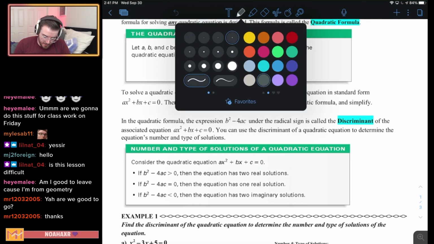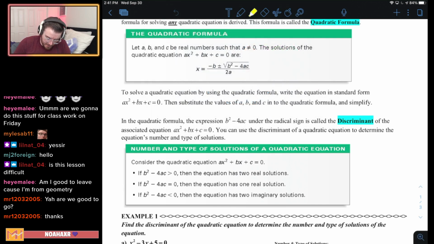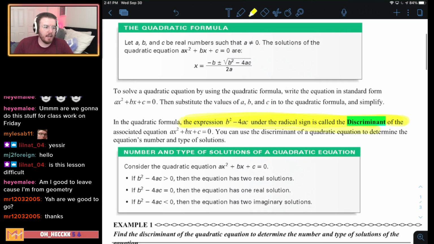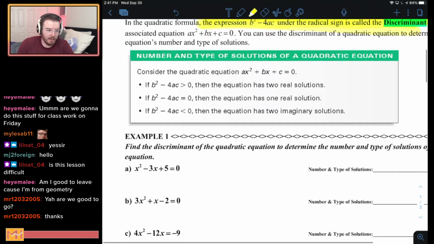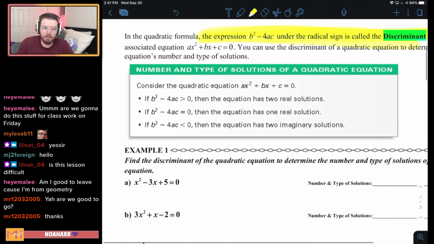It's highlighted here on the page, and I'm going to highlight the entire thing. The expression b squared minus 4ac under the radical sign is called the discriminant. It has a fancy word because the discriminant allows us to know offhand what type of solutions we have.